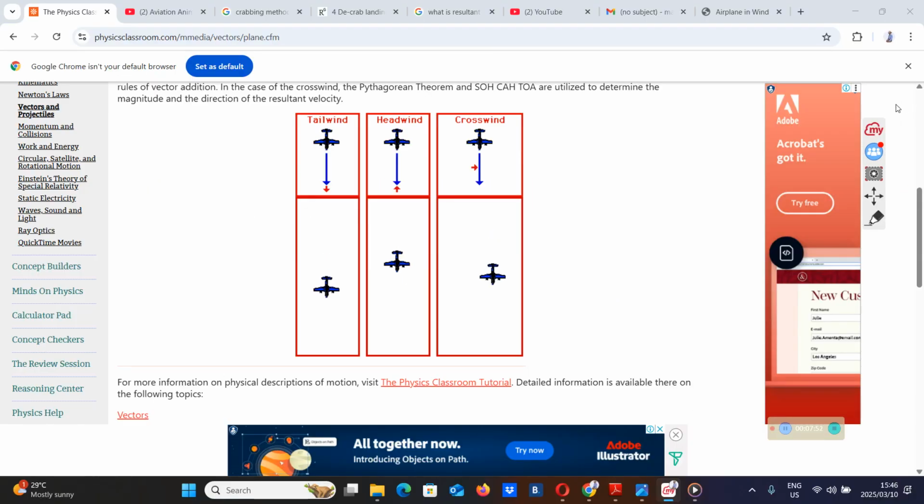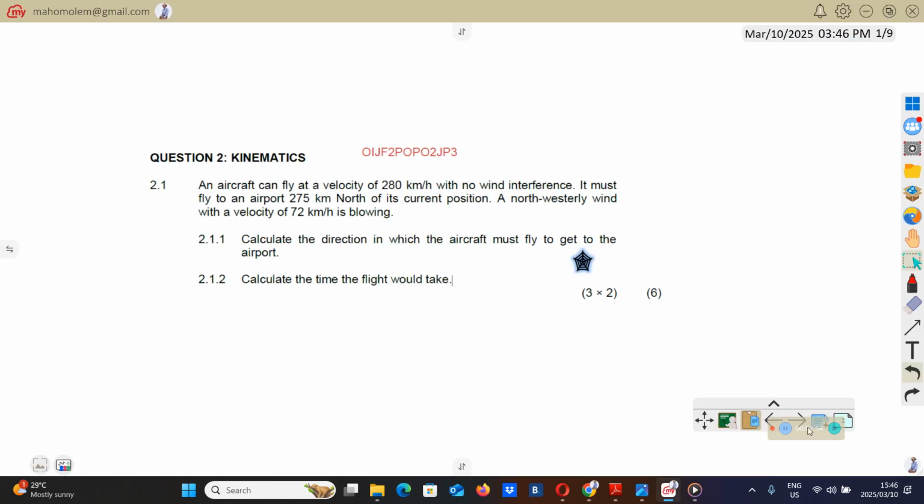Now, from this, we can say that if this is your destination, and then this is your starting point, and then there is a blowing wind in this direction.